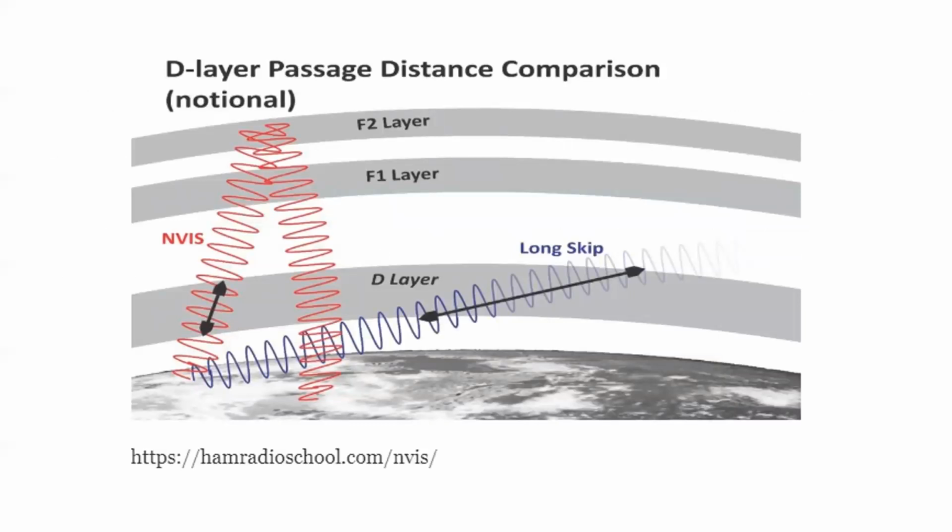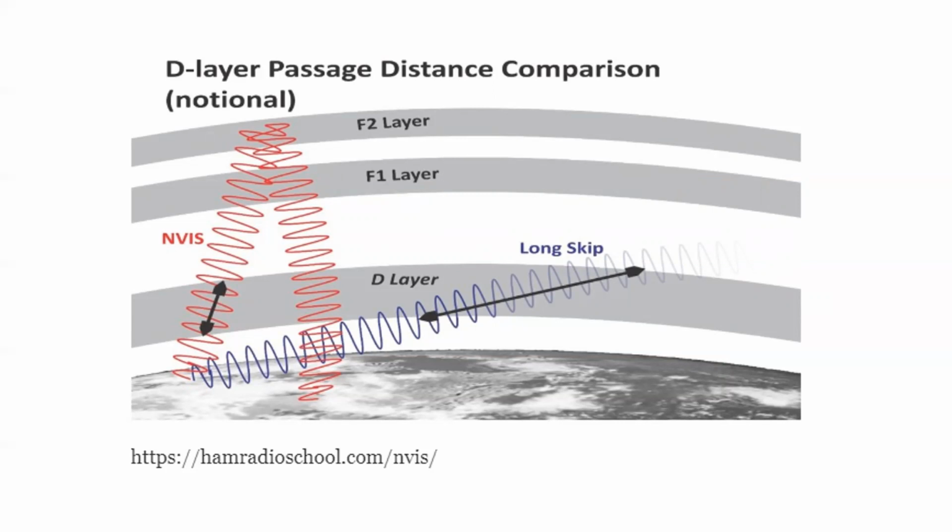This diagram shows the D layer, the F1 layer, and the F2 layer. The D layer, for these types of signals, tends to absorb your electromagnetic wave, and actually in the daytime, the D layer is the strongest.